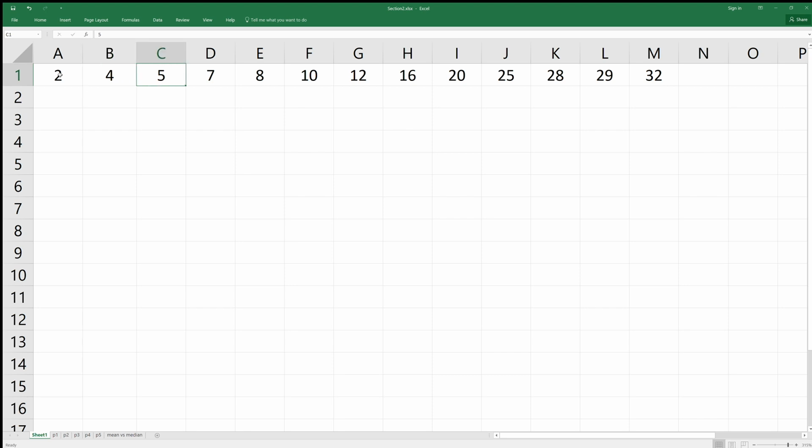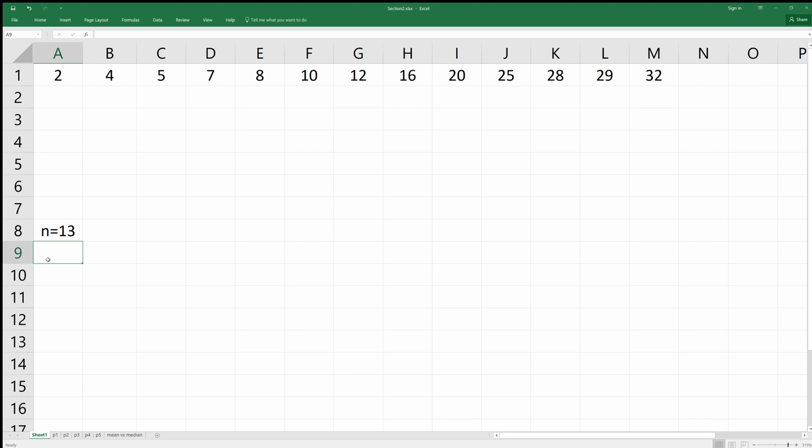1, 2, 3, 4, 5, 6, 7, 8, 9, 10, 11, 12, 13. So now there are n equals 13 numbers. And if I add them up, I will get 2 plus 4.